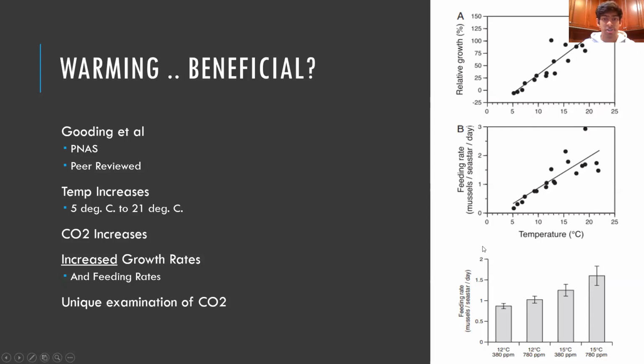And this examination of CO2, as far as I can tell, has been a unique examination. Ultimately, as you can see in the bottom graph, which shows the statistical significance and the standard error bars, combinations of higher temperatures and higher concentrations of CO2 are correlated with higher feeding rates and higher growth rates.